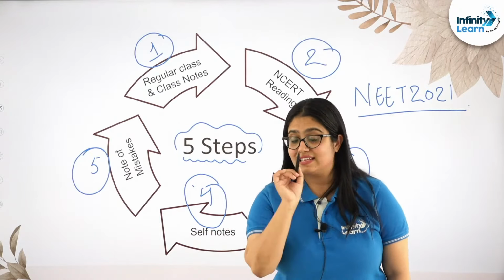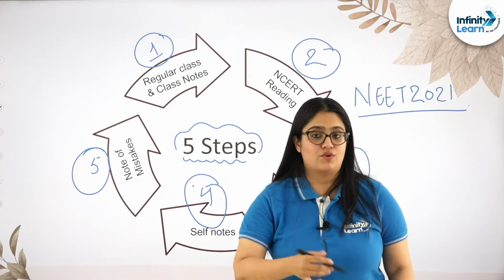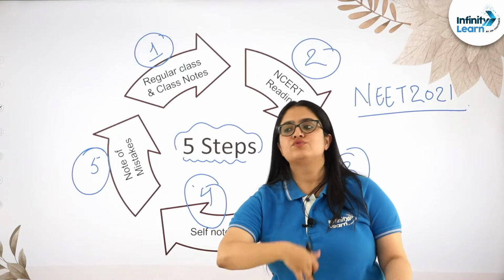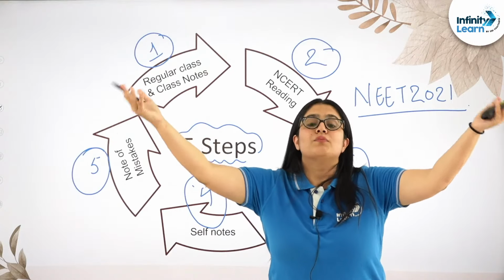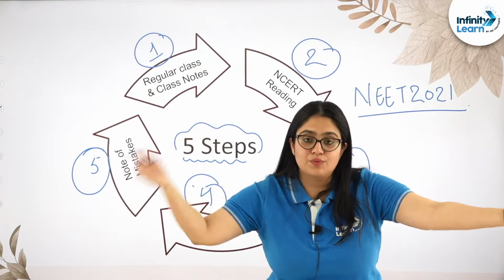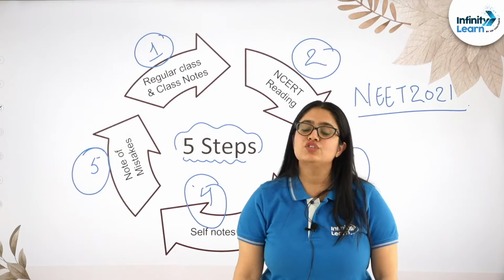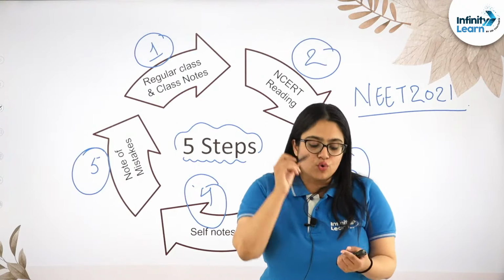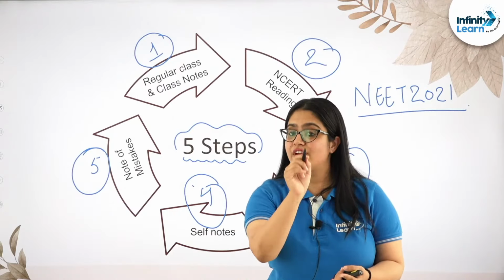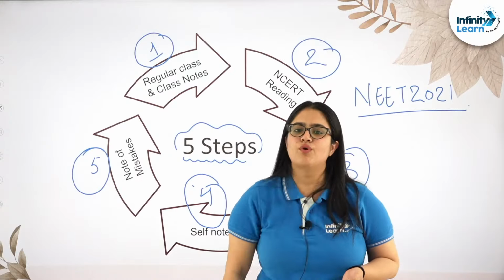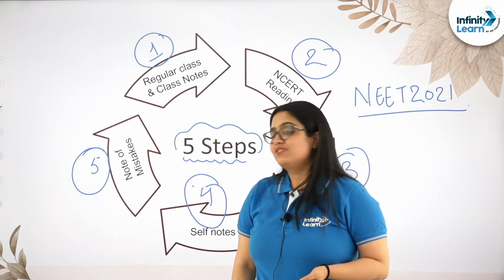That means that can become a reason because of which you might not be able to get 360 out of 360 in biology, or you might not be able to get a seat. You might not be able to crack the coming NEET 2022. So noting down the mistake and making sure that you do not repeat it is very, very important, and I will throw more light when I come to this step.